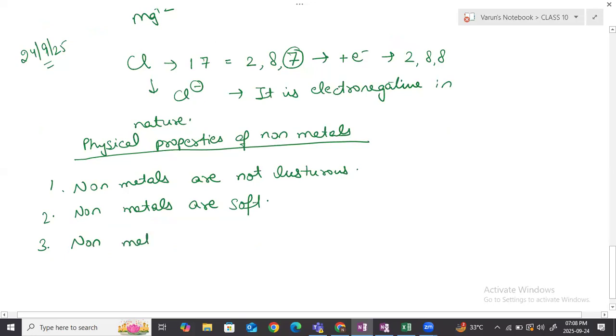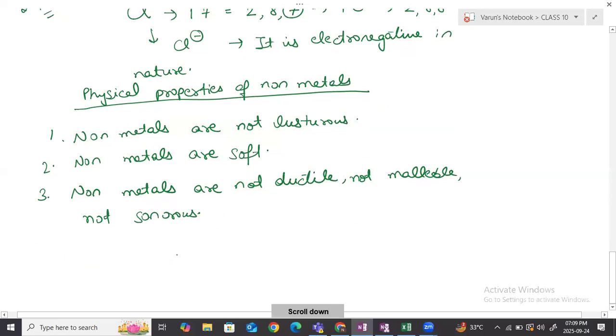Non-metals do not have the ability to be drawn into wires, so we can say that non-metals are not ductile. They also cannot be beaten into thin sheets, meaning they are not malleable. And non-metals do not produce sound, meaning non-metals are not sonorous. Clear?